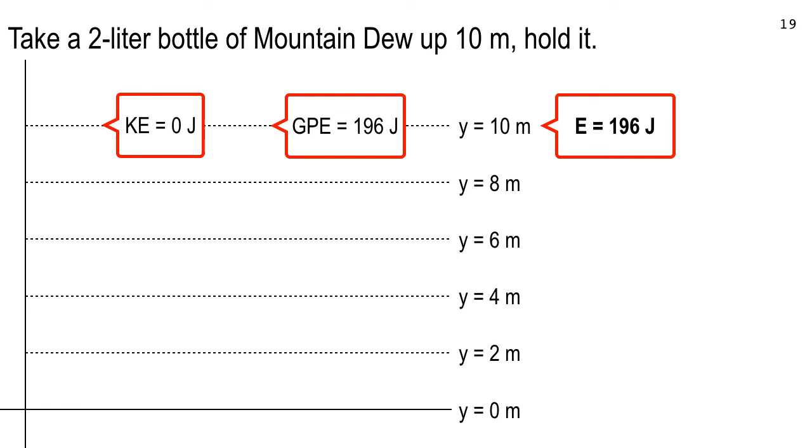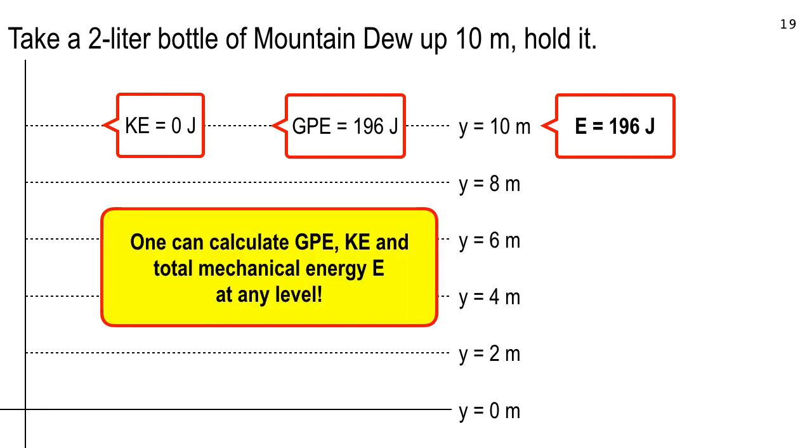You can now calculate GPE and kinetic energy at any level that you want. So if I tell you, calculate GPE at elevation 7 meters, you can do that, just like you did for 10. And whatever number that is, it has to add up with the kinetic energy to 196.